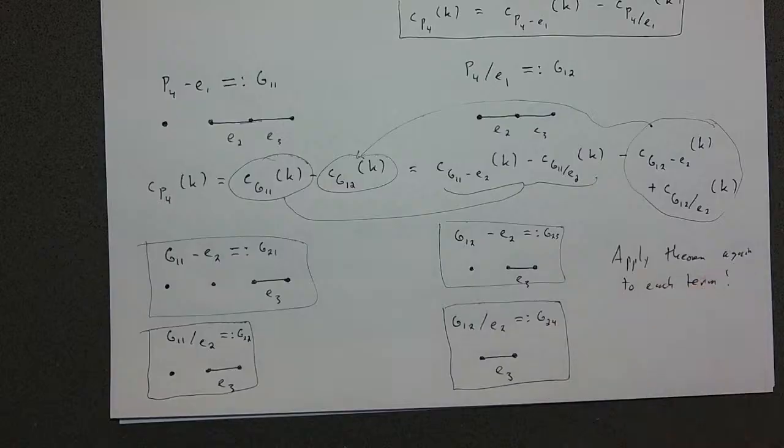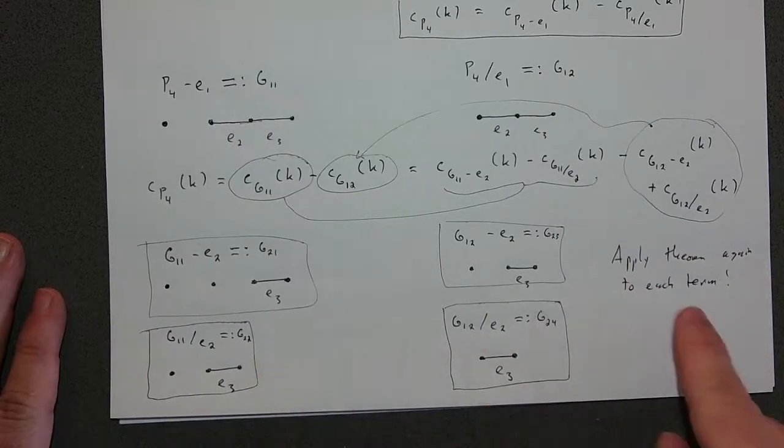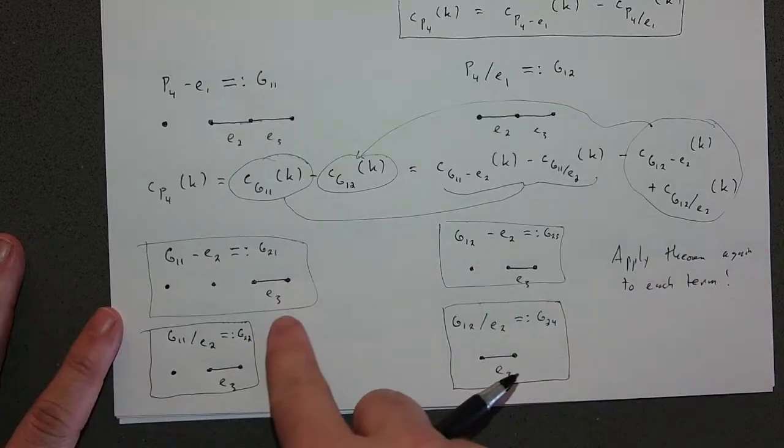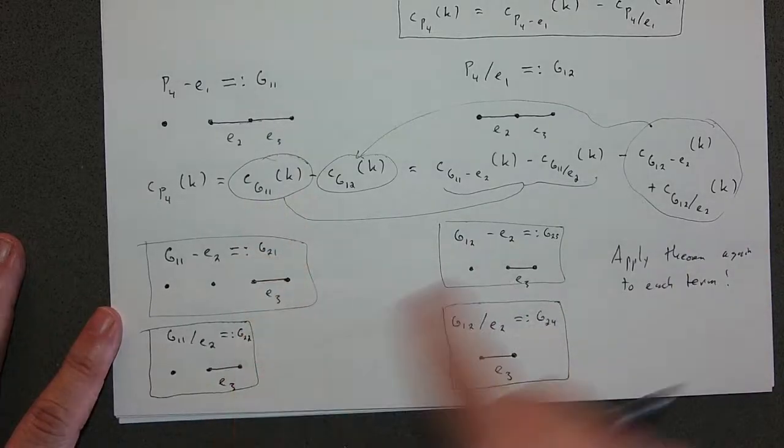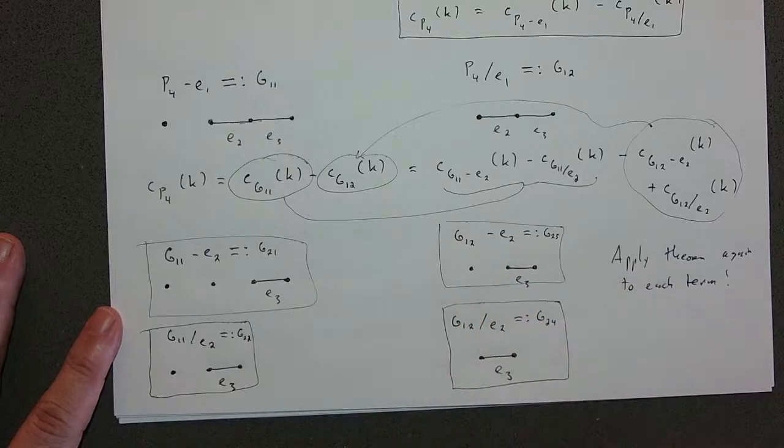So I should get 8 terms when I do this. But what I want you to note is what happens at every step. Before I even apply the theorem and write it out, I know what I'm going to do: the remaining edge in each of these gets either deleted or modded.